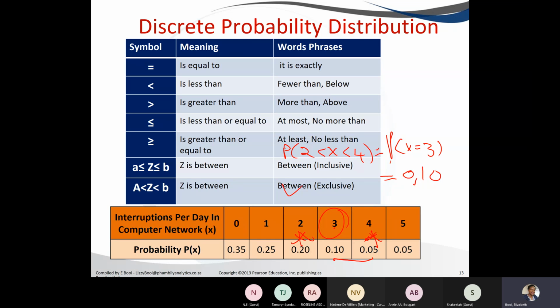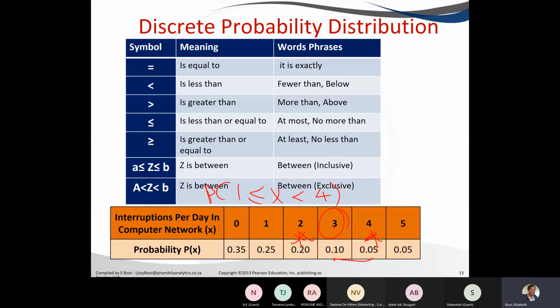That is in exclusive. But if they give it to you in a symbol, it makes it easier, because sometimes they will have both the inclusive and the exclusive in one formula. So it will say, what will be the probability that X lies between 1 and 4, and it is less than 4.